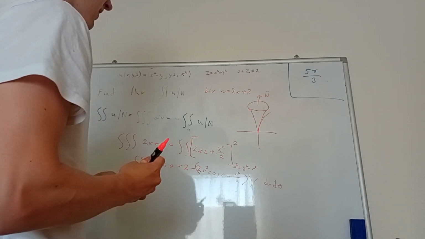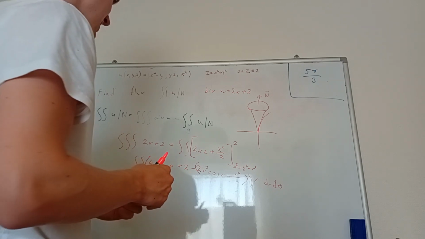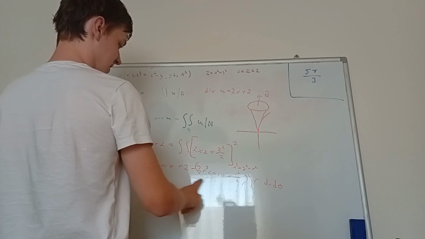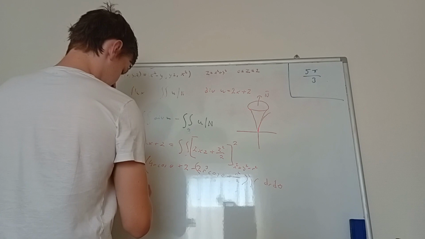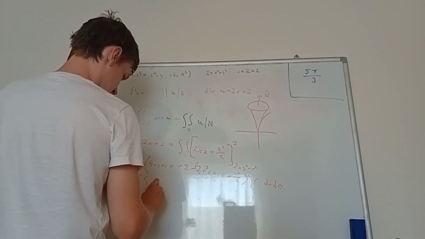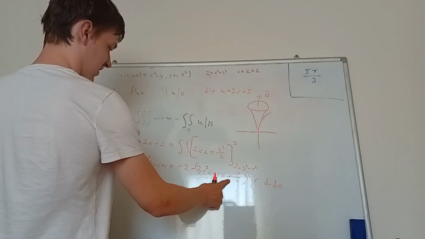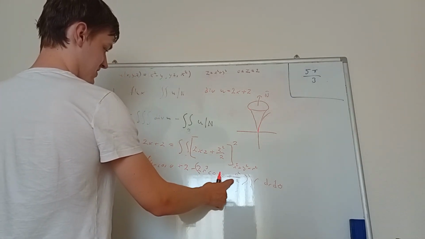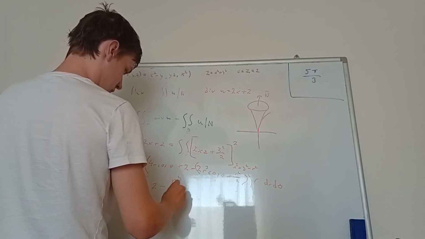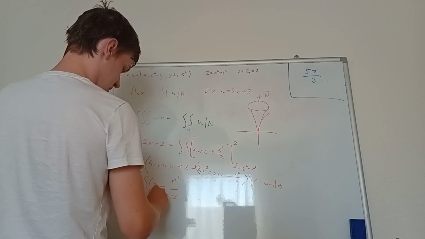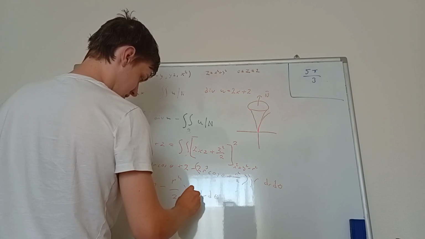And sine theta between 2 pi and 0 is 0. So this is 0 and this is 0, which means that you only have the double integral of 2, and this negative sign changes this positive sign to negative, so it's going to be negative r to the 4th over 2 with the r outside still. So r dr d theta.